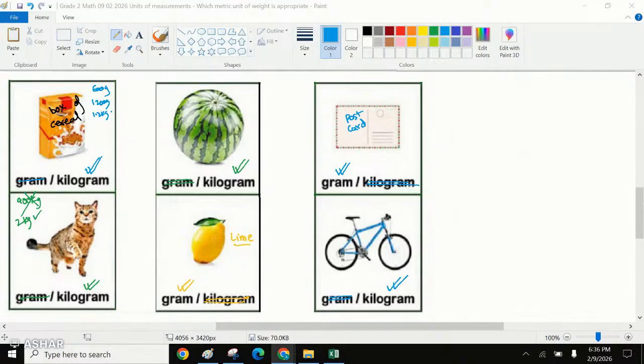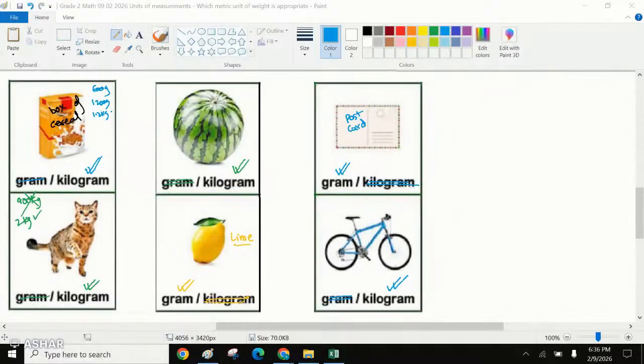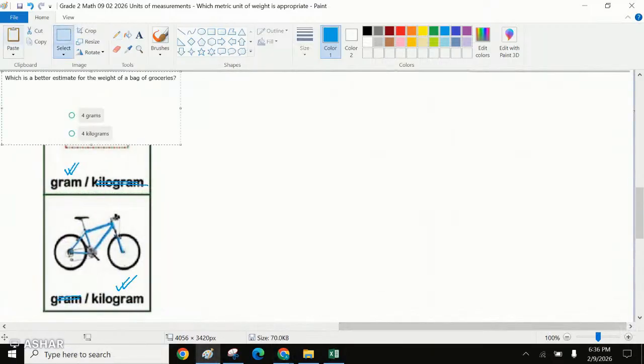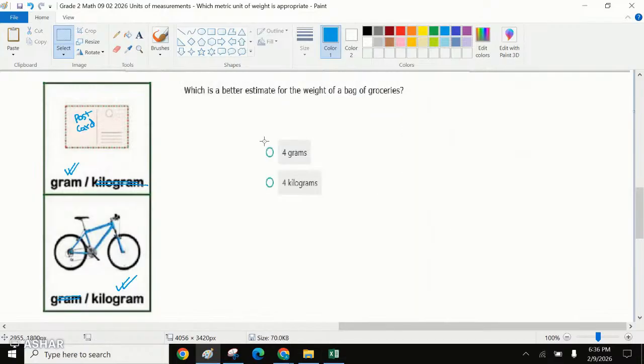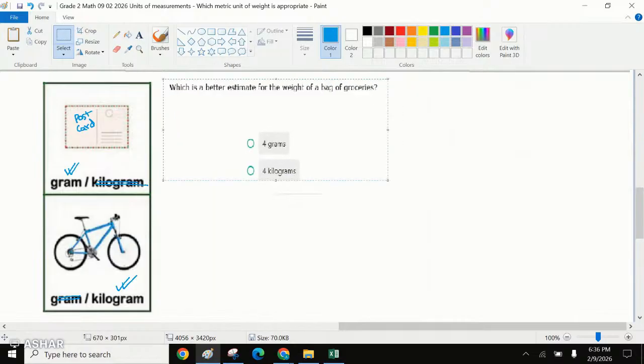Okay. The question says, which is a better estimate for the bag of groceries? Let me just copy, paste. This is our first question for the test. Okay, let's see what is a better option over here.